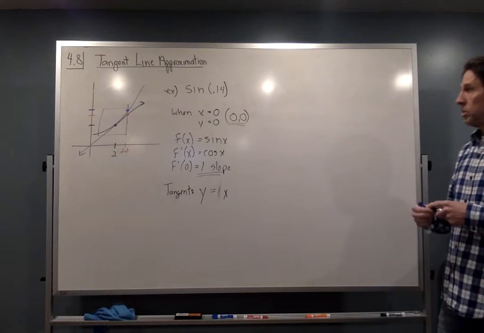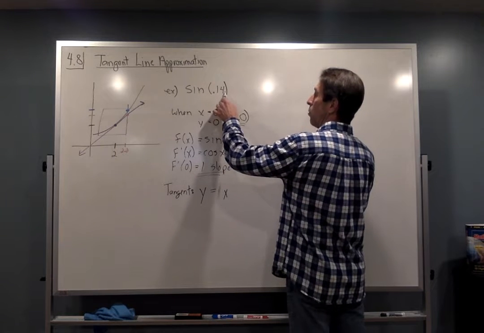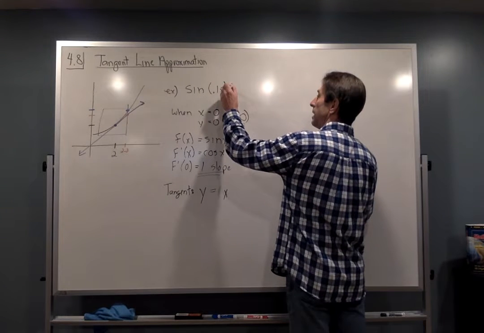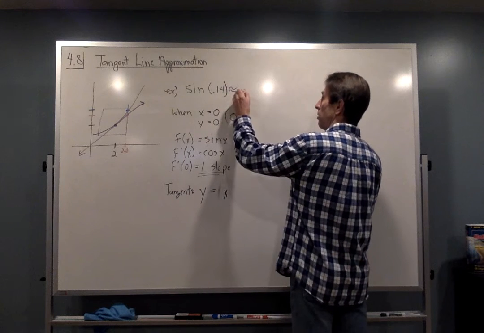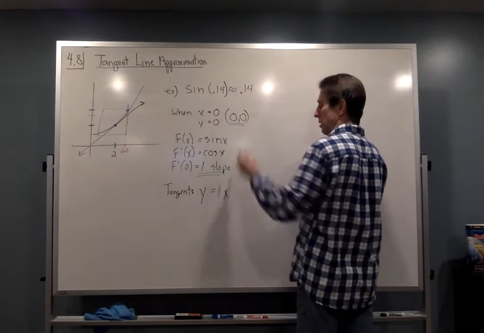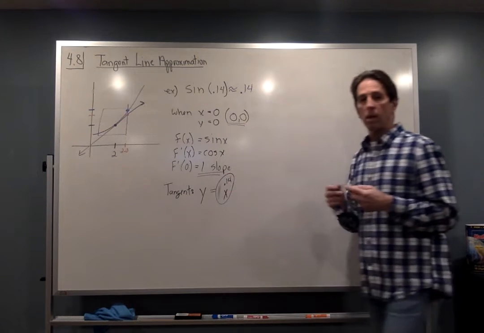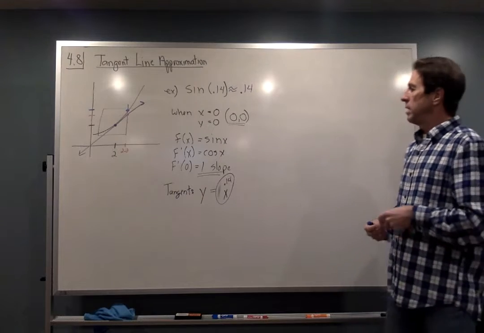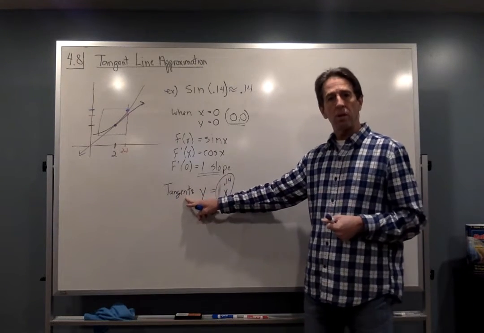So in other words, the sine of 0.14 is approximately equal to 0.14, because I just put 0.14 in where this x was. The reason this is helpful is it's easy to evaluate a linear function, and all tangent lines are linear functions.